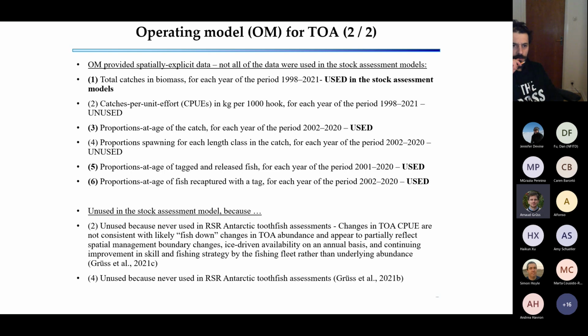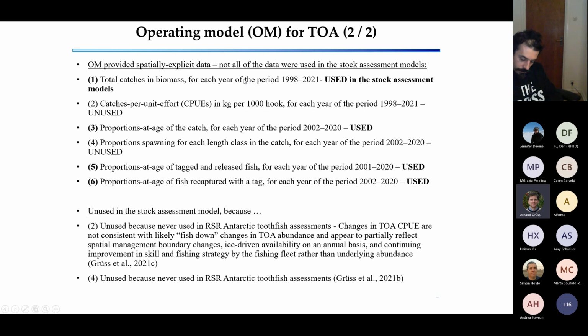So that operating model for the spatial assessment modeling workshop provided us with quite a lot of spatially explicit data, but ultimately we didn't use all of those data in the stock assessment models that we developed for the workshop.